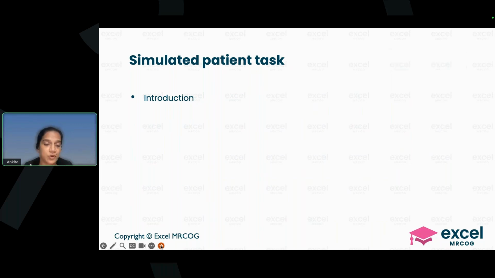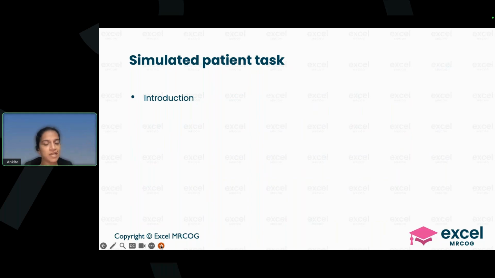Now, why is this important? Okay, your task will have the introduction confirming identity, which definitely is important. After that, what is important is for you to approach the task.